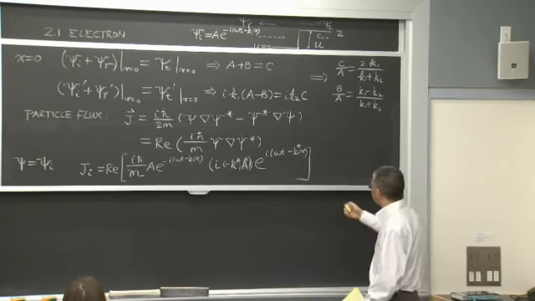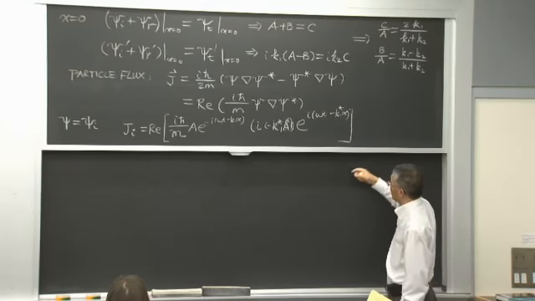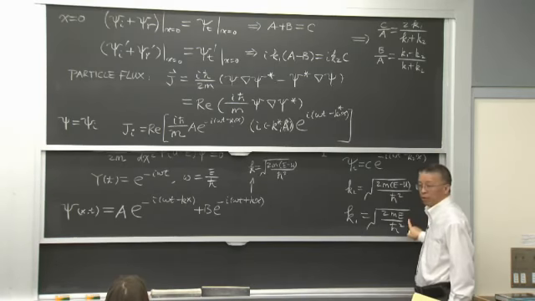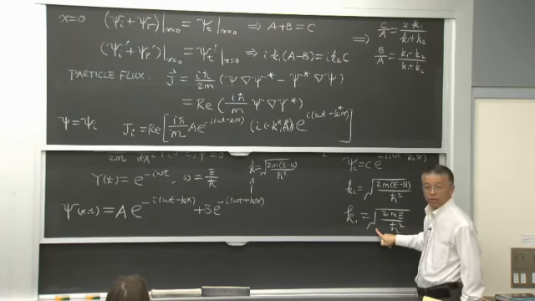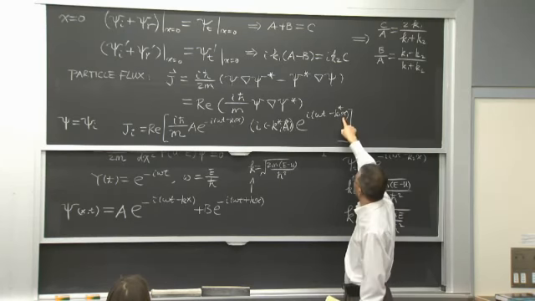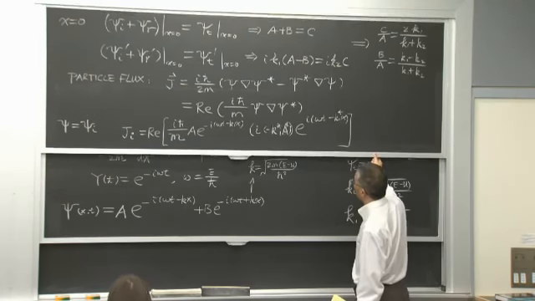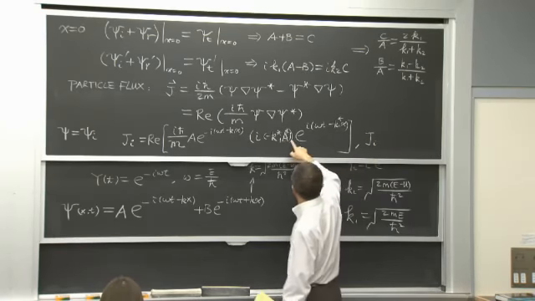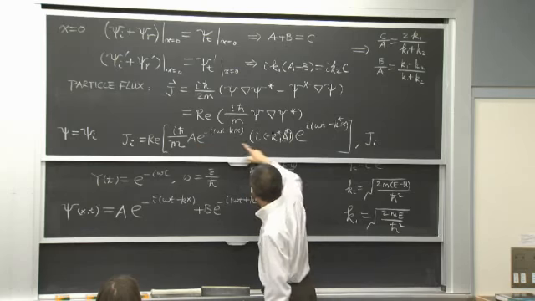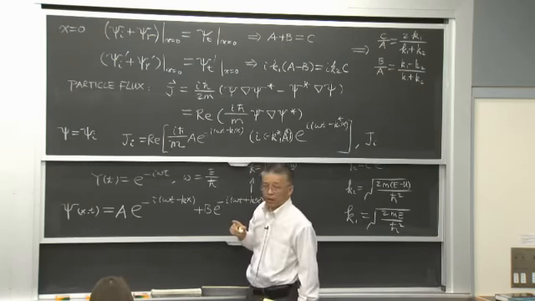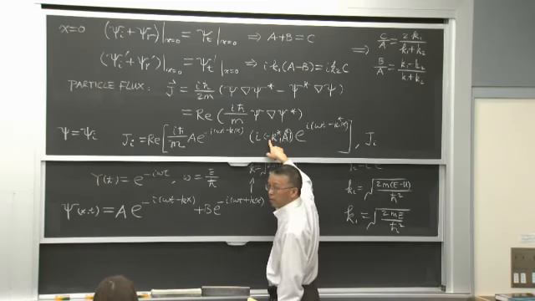For my case here, because in region 1 U is 0, so this one is real. Doesn't matter. And also x equals 0, this also goes out. So at the end is J1, at least I can say at x equals 0, you can say this is A times A complex conjugate, i times i is -1, another negative, right?